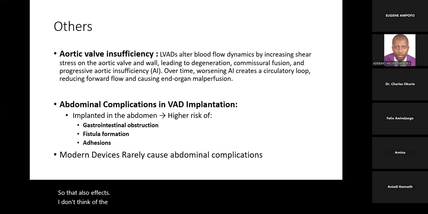That tends to cause sclerosis, which leads to the degeneration and the commissural fusion that you would see. And because it offloads the left ventricle and feeds the ascending aorta directly, the pressures there can also worsen the aortic insufficiency, so it becomes more progressive.